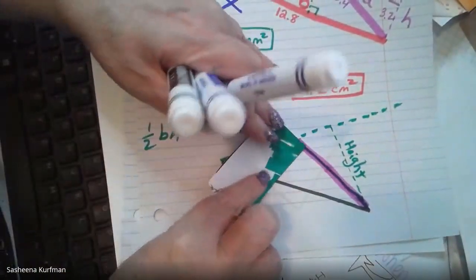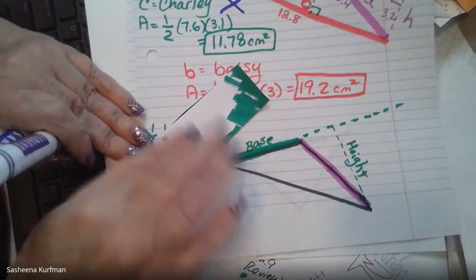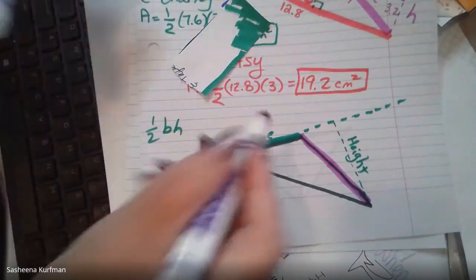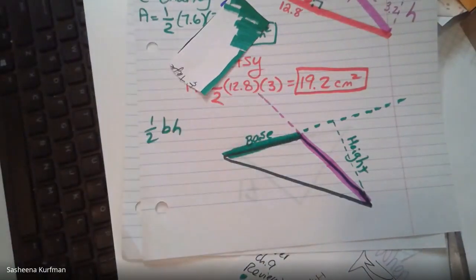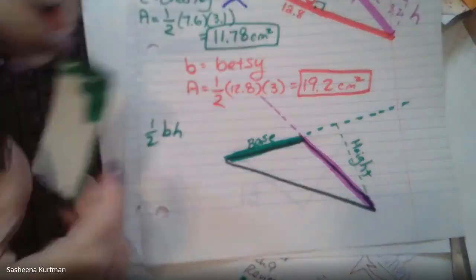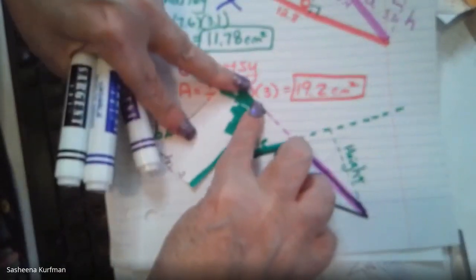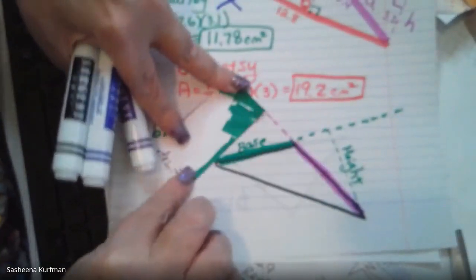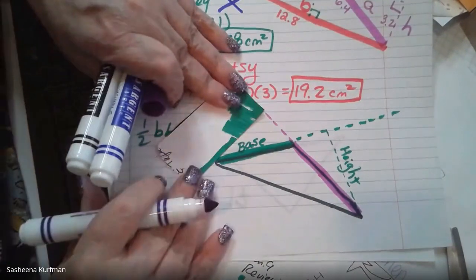If I try to put my right angle tool right here, it's not going to this vertex. So I need to use my ruler, pretend, so that I have this right angle on the line and it goes to the vertex. Now I can draw my height.